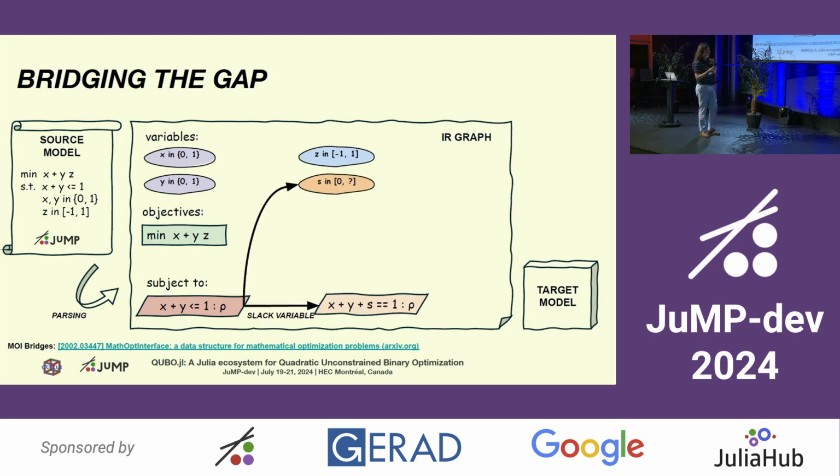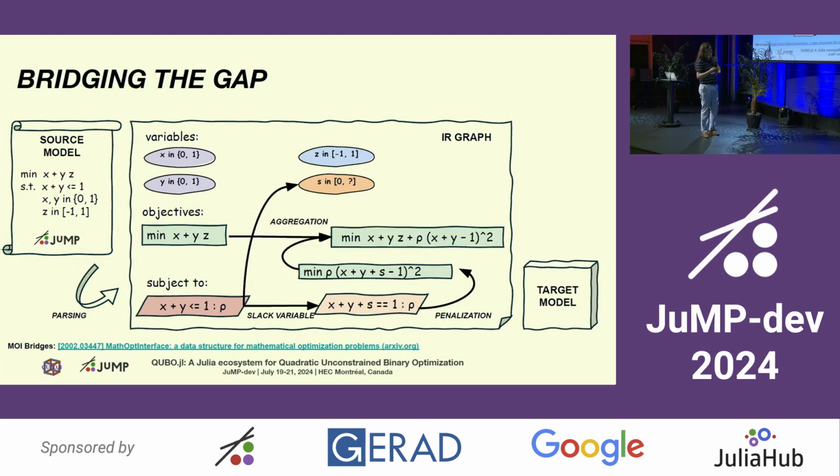So we use a slack variable transformation where we add a slack variable and include it there. But now we have an equality, which is still a constraint. We have to penalize it, and we have to take care of the slack variable too. In the end, we aggregate the objectives we have, and the slack variable doesn't have an upper bound, so we have to estimate it. So the process would go something like this.